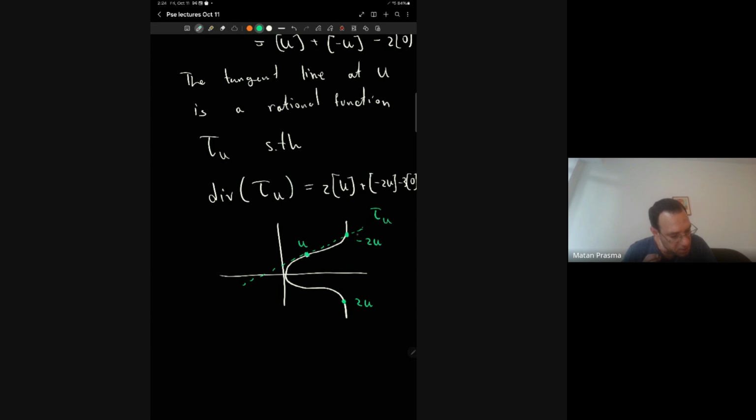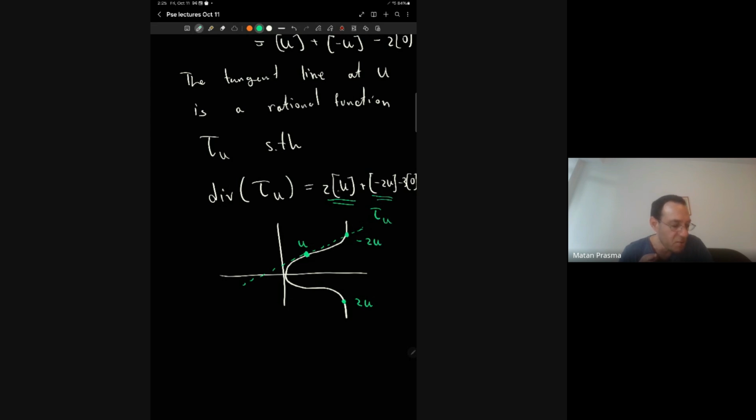So this line intersects the curve in minus 2U. Now, because it's a tangent line, as we discussed, U is going to be a 0 of degree 2. This can be shown with uniformizers and so on. It's a property of the tangent line. So I know what the possible zeros are: U and minus 2U.